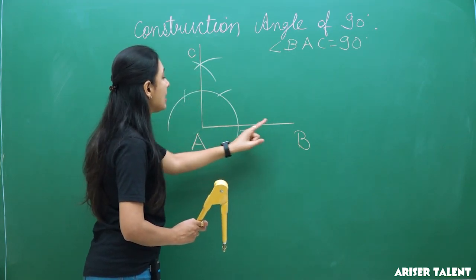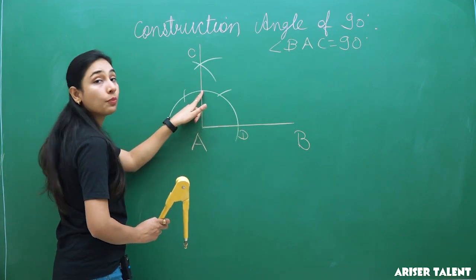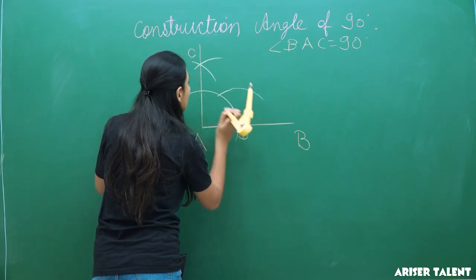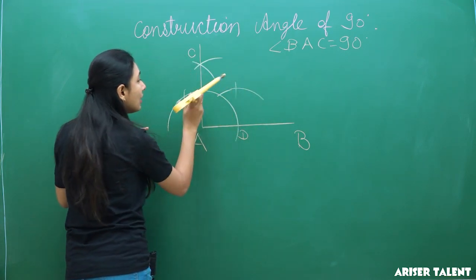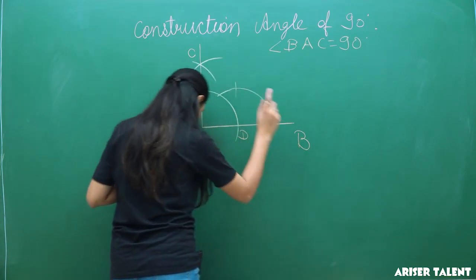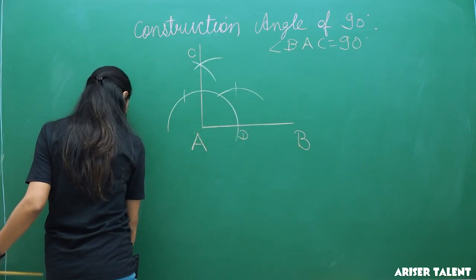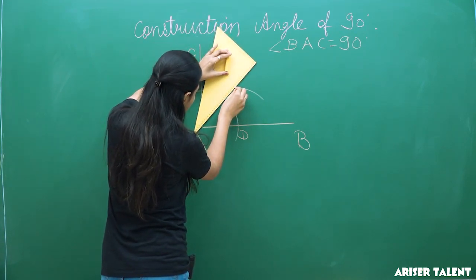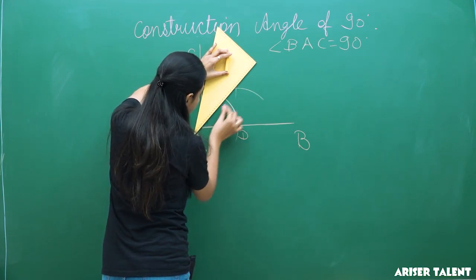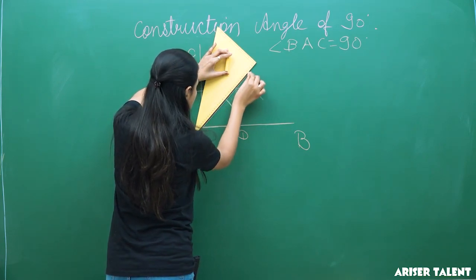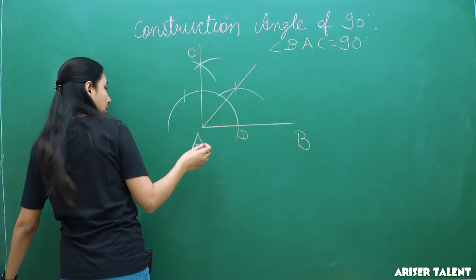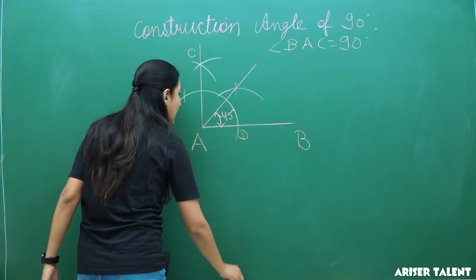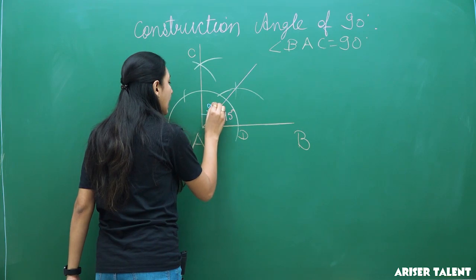So this is angle CAB. So from here to this point. Okay, so from this point I'm going to make an arc here, and similarly from this point I'm going to make an arc here. Now I'll be finding this point and I will join this point to point A. Okay, and the angle made, this angle is equals to 45 degree and the previous angle was angle 90 degree, students.